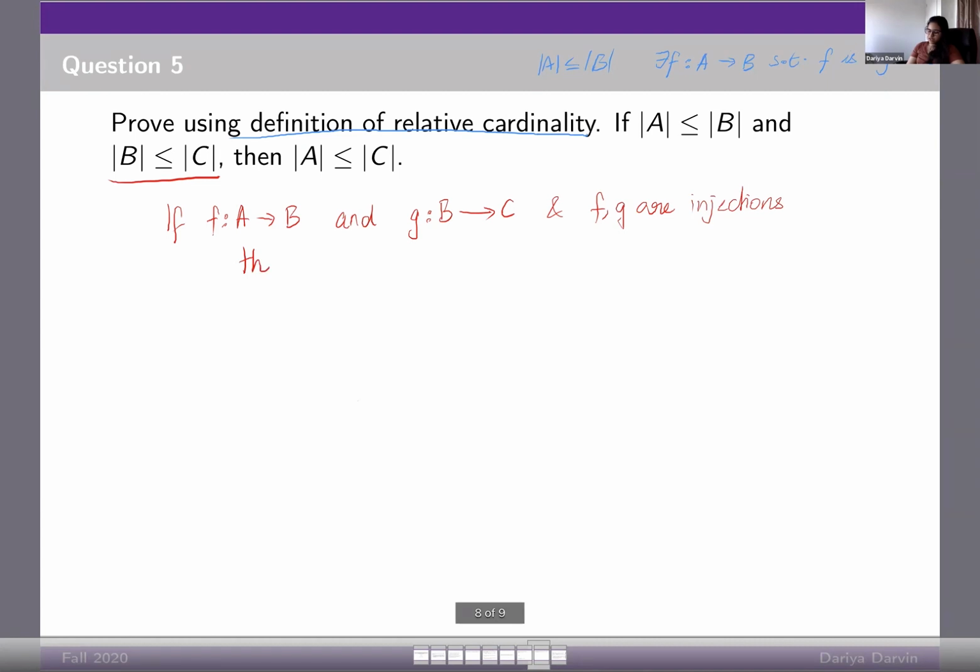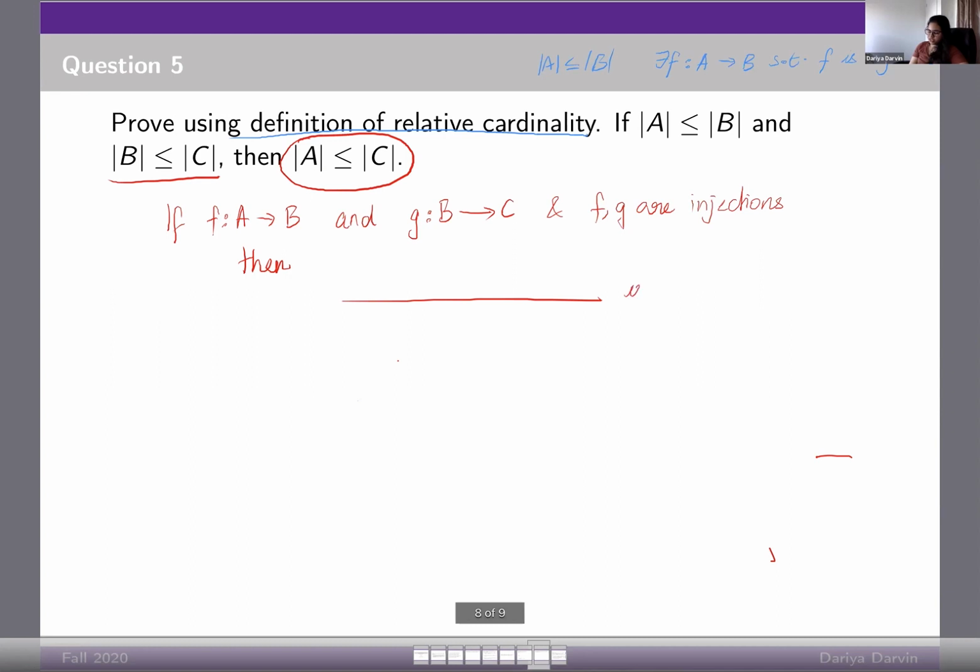So I can translate that to saying there's a function f from A to B, a function g from B to C, they're both injections. Then, can someone fill this in for me? I want to basically write cardinality of A is less than or equal to cardinality of C. And I want to use f and g somehow, because only then I can actually prove anything. I can't simply say a new function h without using both f and g.